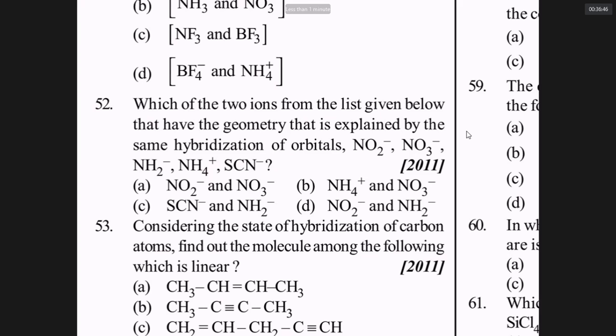NH2 minus is like AB2E2. AB2E2 means sp3 hybridization. Answer is only A, because they want the same hybridization. The D also has the same hybridization, sir.